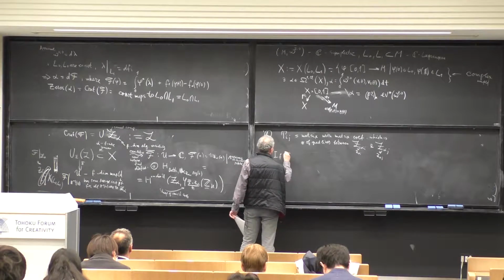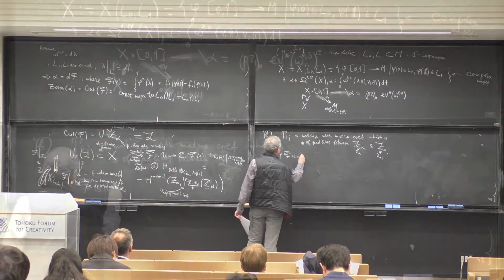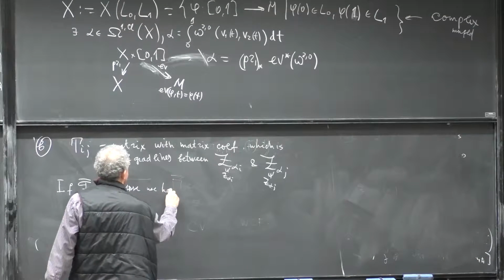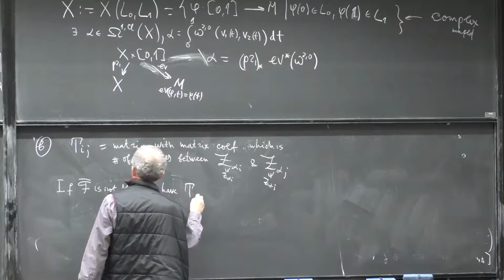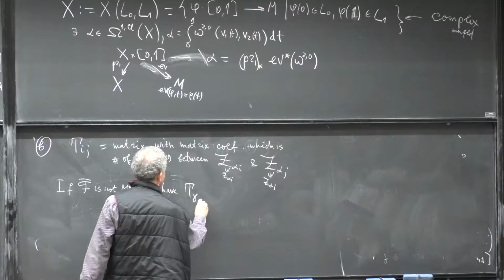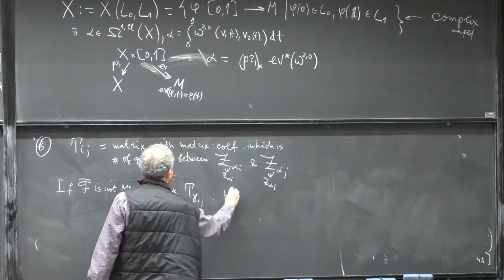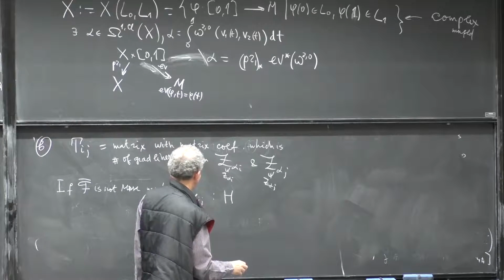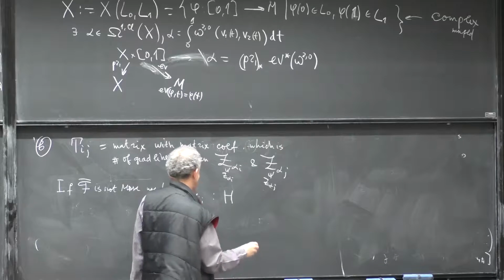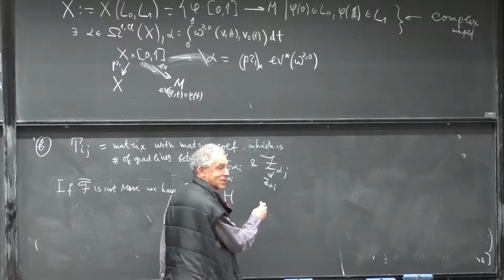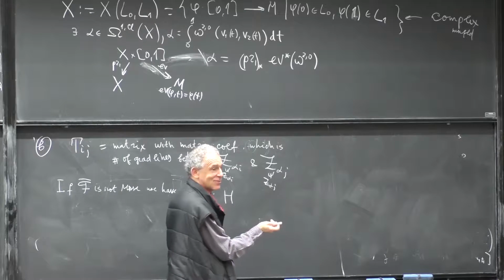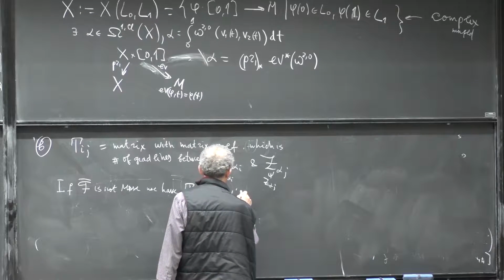If F is not Morse, I denote it T gamma ij. Yes, you do have a perverse sheaf because it's a Landau-Ginzburg model.